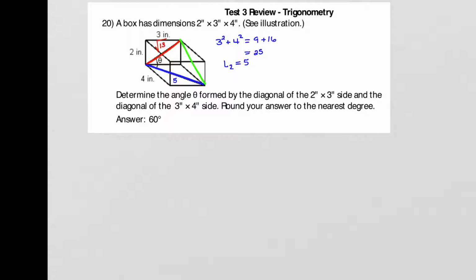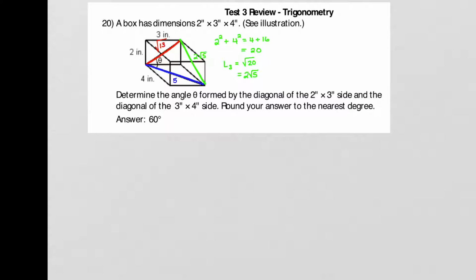And so this length is actually lying along the diagonal of the rectangle that is 2 inches by 4 inches. So again, it's the hypotenuse, and I can find that length. So then we have length 3 is the square root of 20, or 2 times the square root of 5.